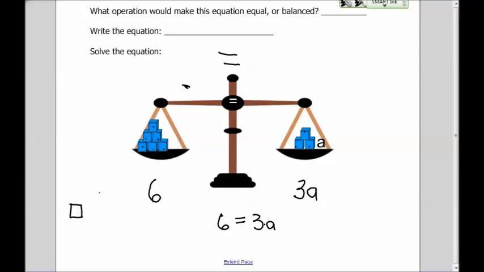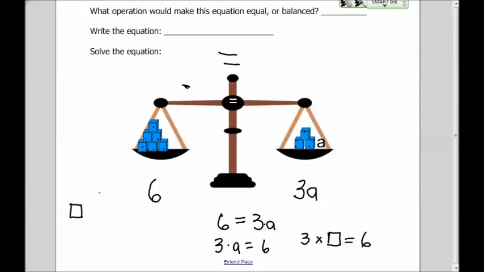Okay, I don't like working problems this direction. Can I flip it and write 3 times a equals 6? I can. I like my answer to be on this side. It works the same way. I'm allowed to flip the problem. 3 times something equals 6. If you want to go old school, 3 times something equals 6.